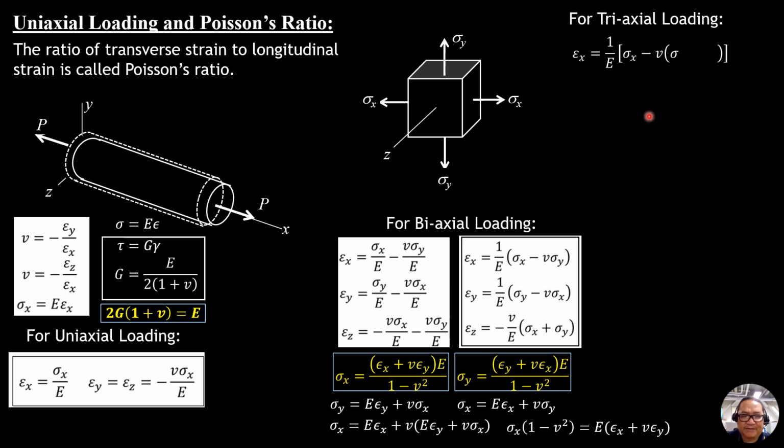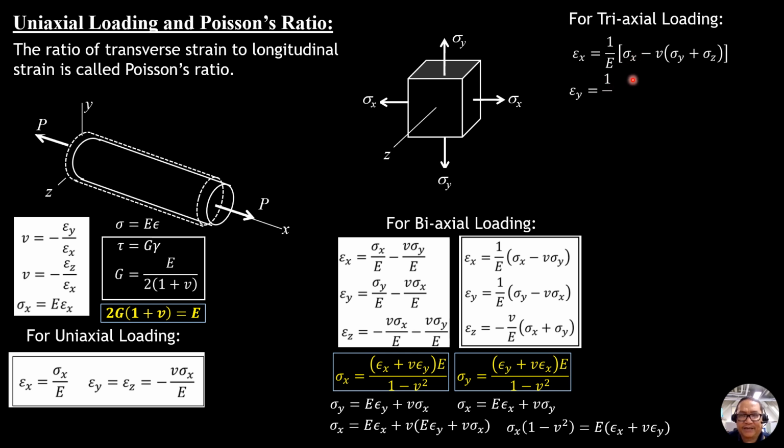So 1 over E quantity sigma X minus Poisson's ratio sigma Y, then minus Poisson's ratio sigma Z. If you factor out negative Poisson's ratio, because this is extended to Poisson's ratio sigma Z over E, that would be the result. Next, for strain along Y, we pattern it also from here.